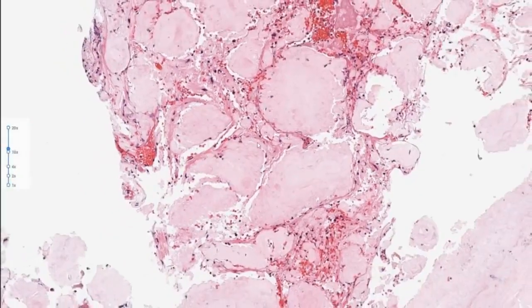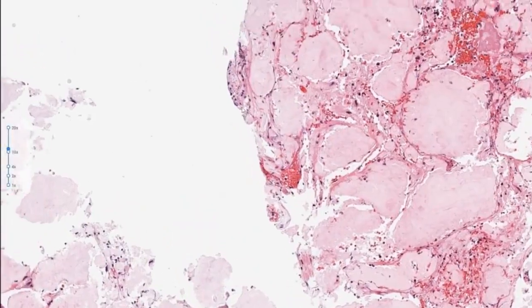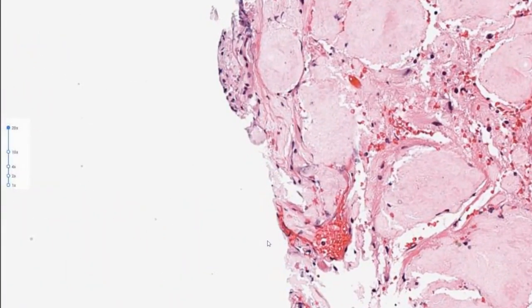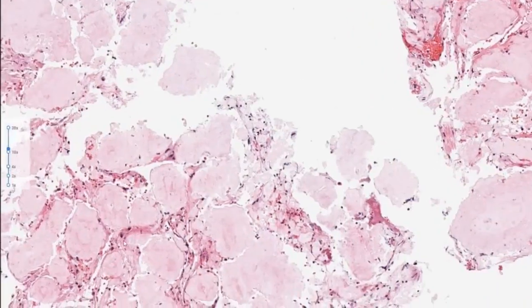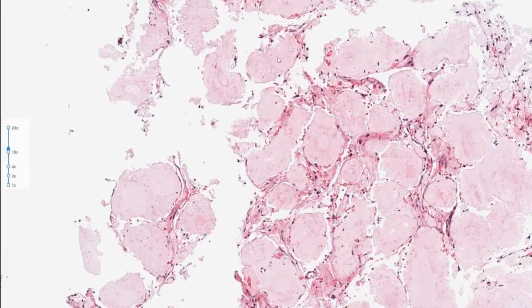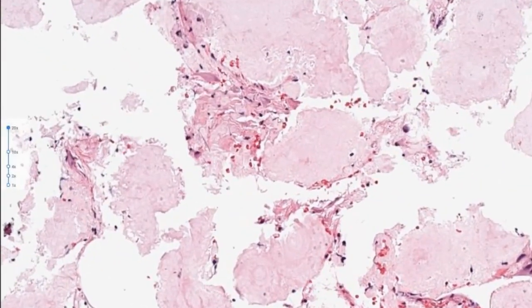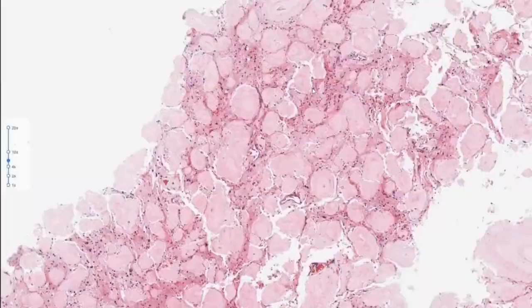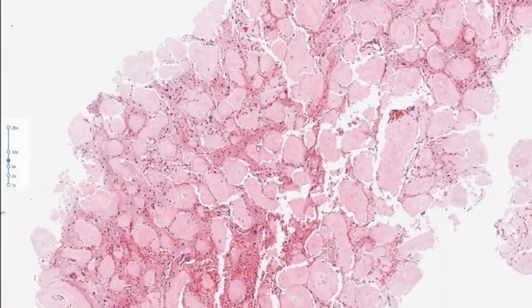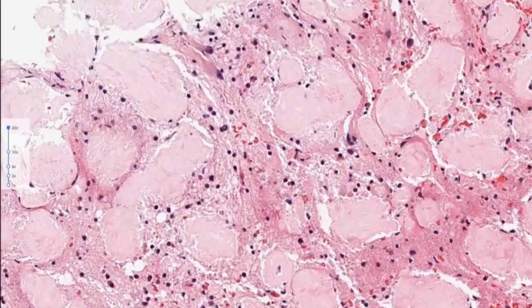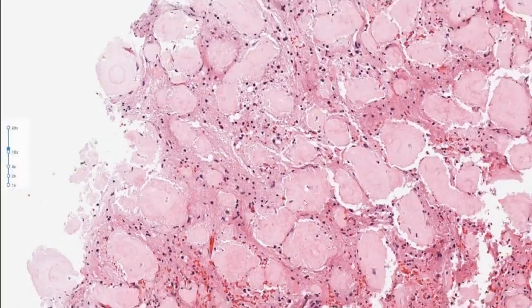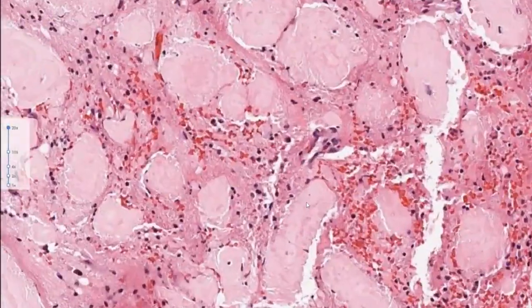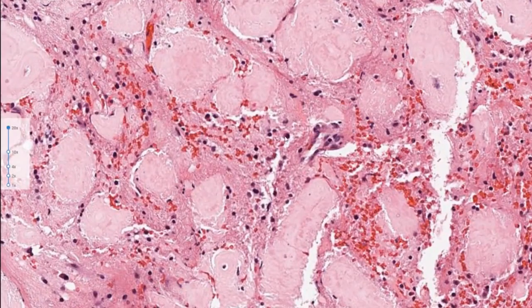Gliosis, maybe rare lymphocytes around vessels, reactive astrocytes, again surrounding these. Nice reactive astrocytes mostly. Just rare, a few plasma cells here and there.